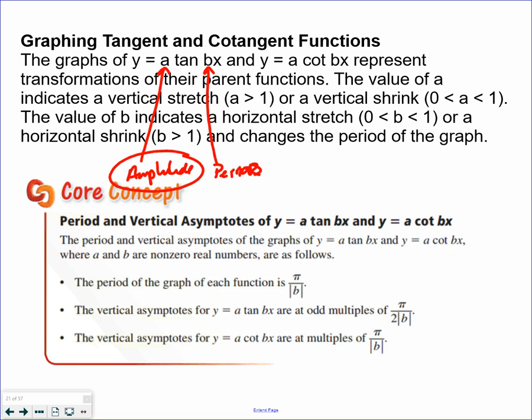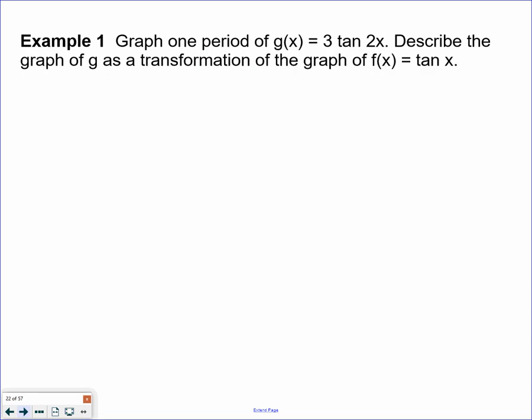It'll stretch it, though it's hard to actually see that. The period length, however, is very important for us to understand. A period for this is basically pi, so you take pi divided by b. Instead of 2 pi like you did in sine and cosine, we're now going to divide pi by b.